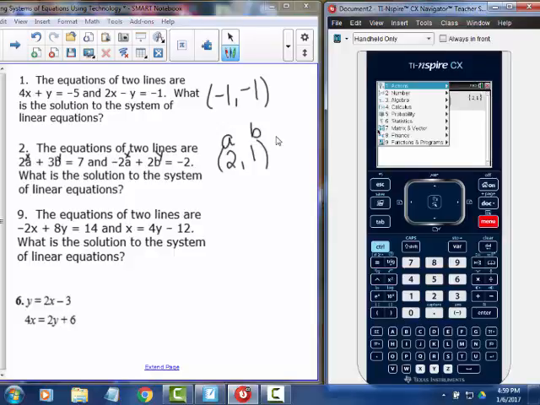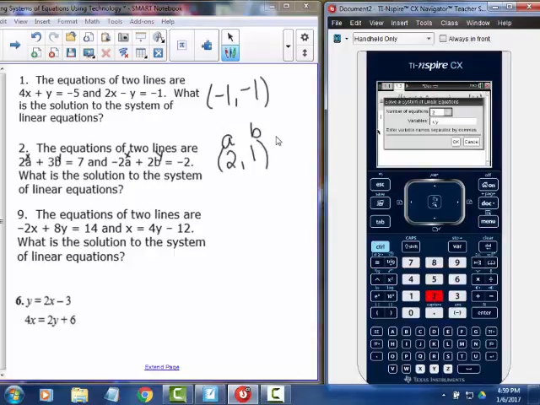So menu 3, 2, and it's gone back to X and Y, but I have X and Y this time, so I'm going to say OK. And then I simply type negative 2x plus 8y equals 14.